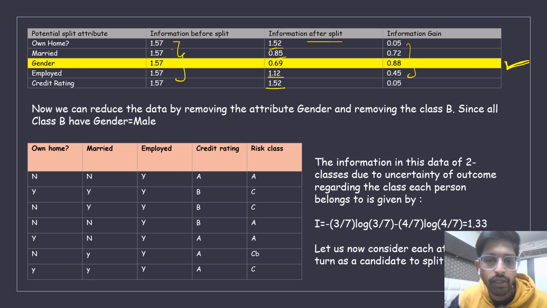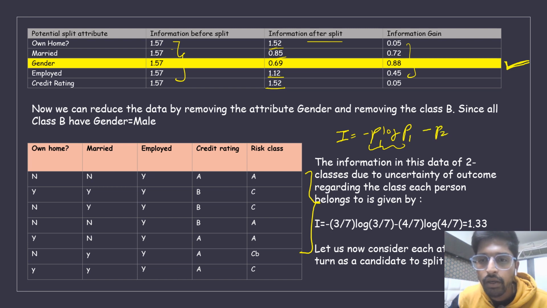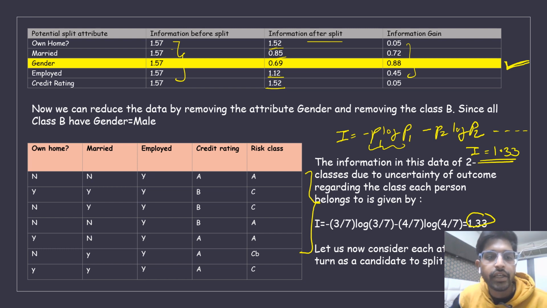The reduced table has only 1, 2, 3, 4, 5, 6, 7 entries, and the information is calculated similarly using the formula I equals minus p log p, minus p1 log p1 minus p2 log p2 and so on. The overall information comes out to be 1.33. So I in this case is 1.33 before split.